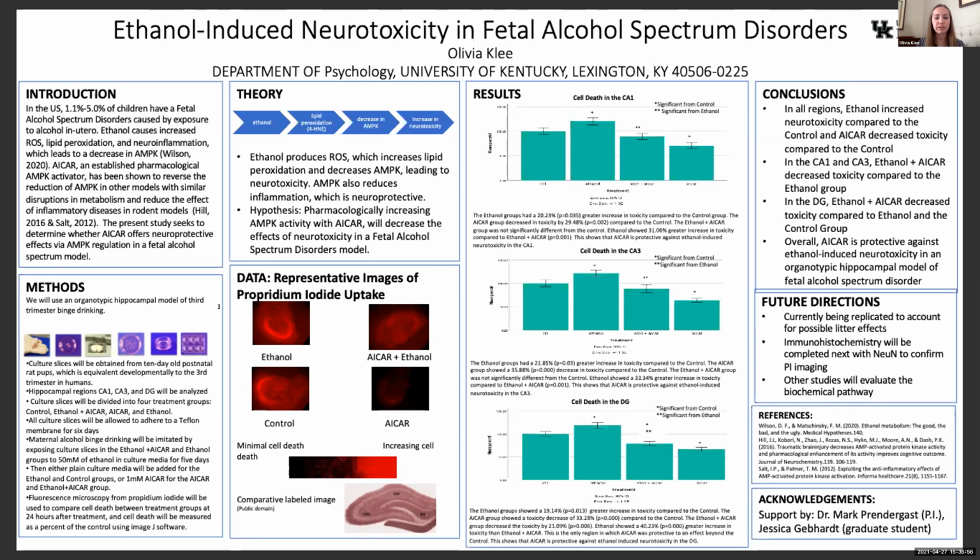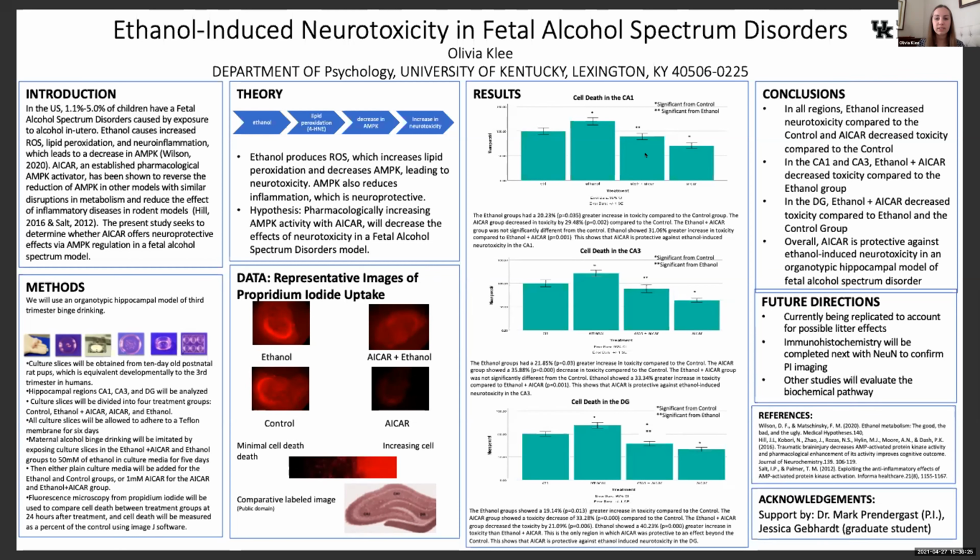These images right here represent the way we measured cell death using the PI. The darker area shows less cell death, while the brighter areas show more cell death. Using images like the ones here, we measured the amount of cell death in ImageJ, and our results showed that in the CA1 and CA3, the ethanol groups showed a greater increase in toxicity than the control, while the ICAR group showed a decrease in toxicity compared to the control.